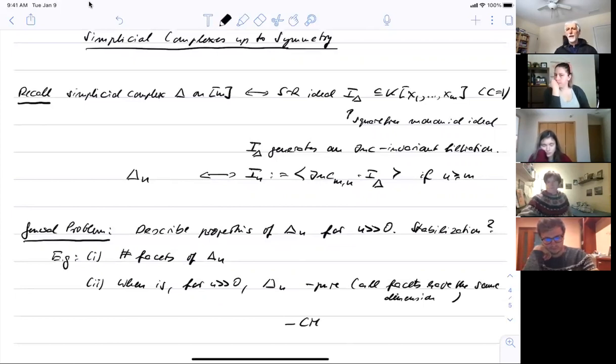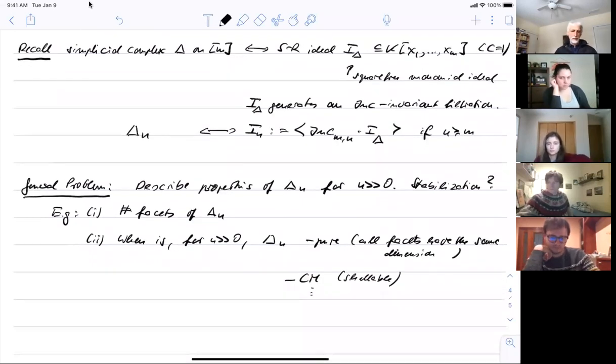And you can consider other properties you may like, instead of that, something more combinatorial like shellability as well. Is it always shellable, vertex decomposable? You can ask your favorite question and consider it.